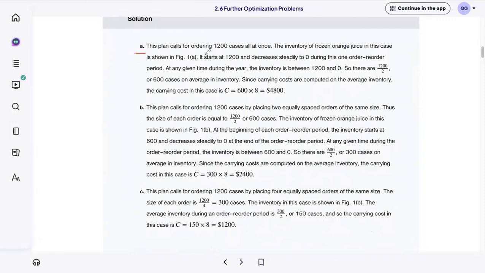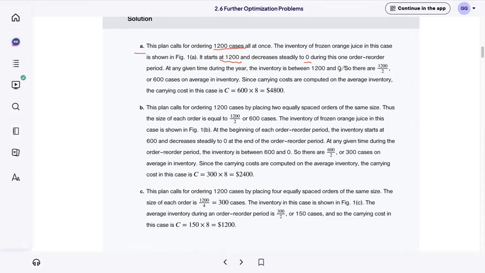So the first one, the plan costs for 1,200 cases all at once because they only order once. So the inventory of frozen orange juice in this case is a linear function. It starts at 1,200 and decreases steadily to 0 during this 1 order. So at any given time during the year, the inventory is between 1,200 and 0.